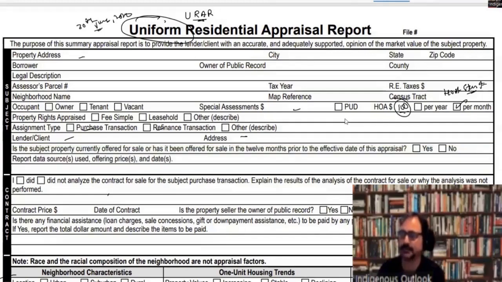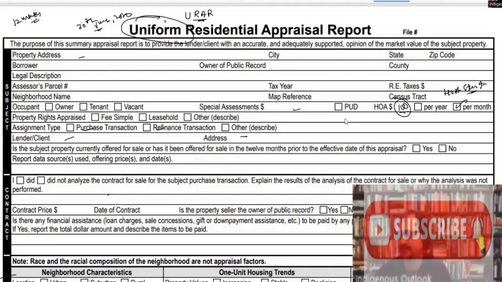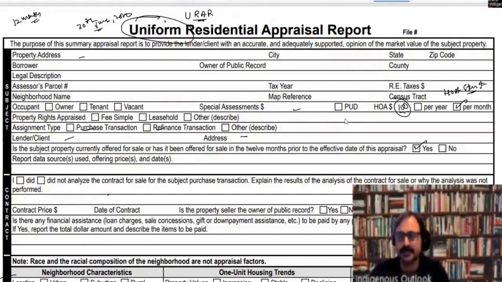So in the recent 12 months, had this property been offered for sale? Why is it concerning for us if they are saying yes? We need to see when it was listed for sale, whether it has been delisted, and when it was delisted, right?